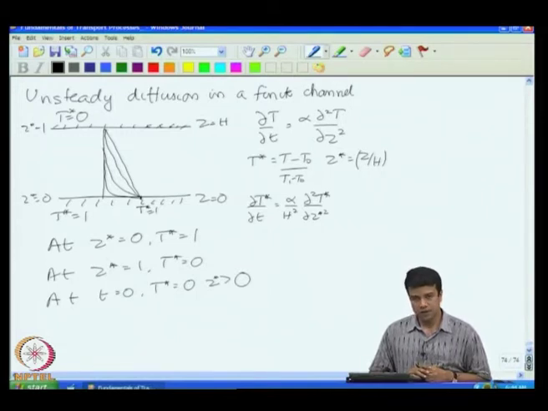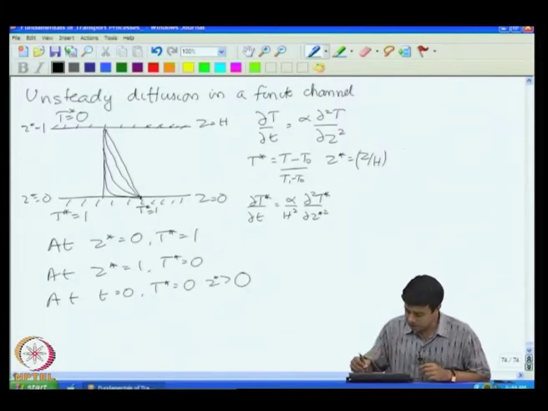In the right hand side, the temperature is dimensionless, z is dimensionless. Therefore, alpha by h square has dimensions of 1 over time. Alpha is length square per time, the thermal diffusivity, and so alpha by h square has dimensions of 1 over time. So, therefore, I can non-dimensionalize the time by h square by alpha. So, I could define a non-dimensional time t star is equal to t alpha by h square.